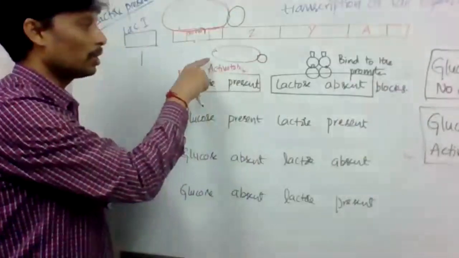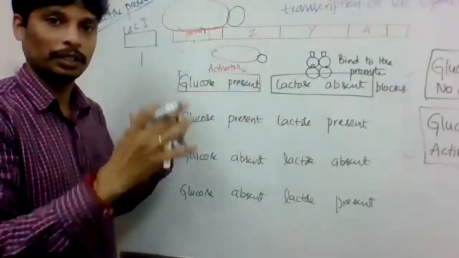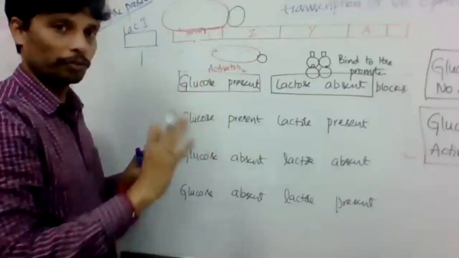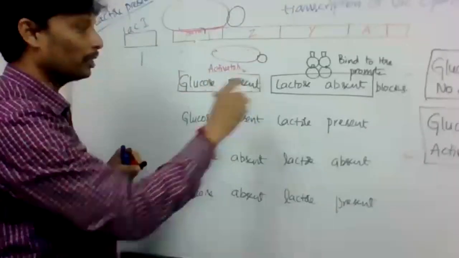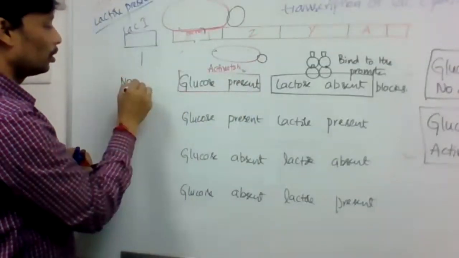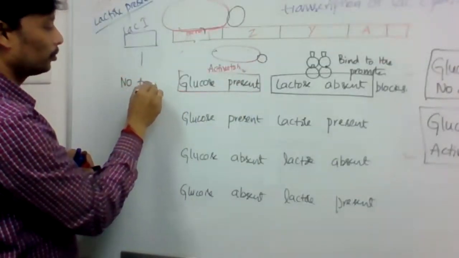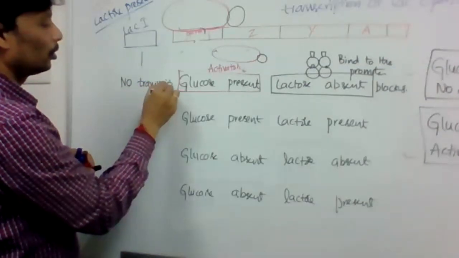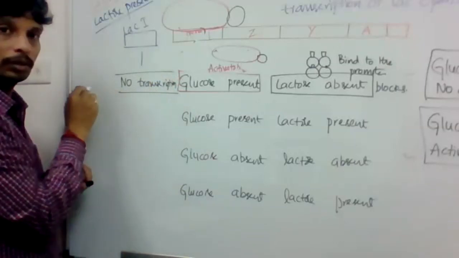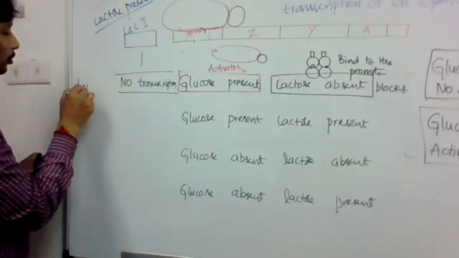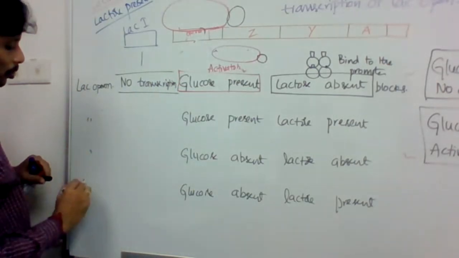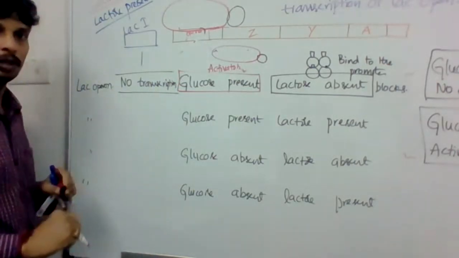So even though the RNA polymerase and activator are ready to strongly bind, the promoter region is not free. So there will be no transcription of the lac operon.